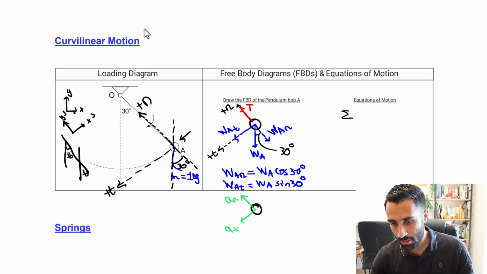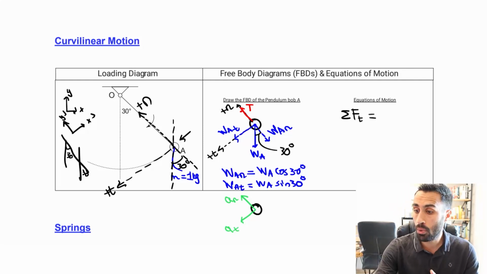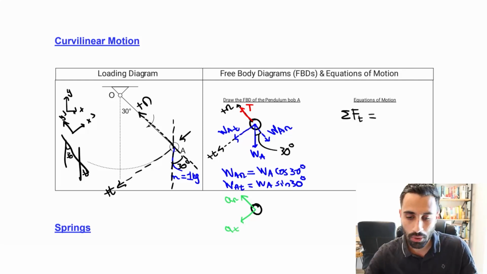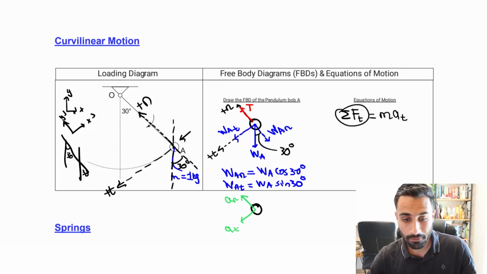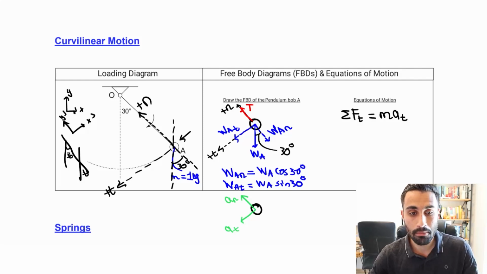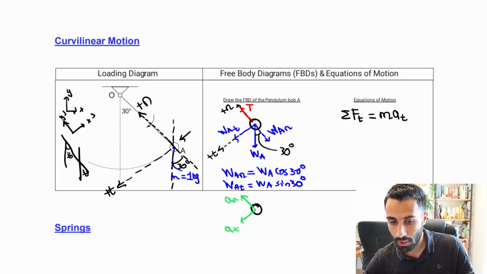So what we would do is sum of the forces in the tangential direction. This is all in the handbook. It is going to equal what we have under curvilinear motion in the handbook. So that would be the mass times the acceleration in the tangential direction. And the forces in the tangential would be positive WAT.